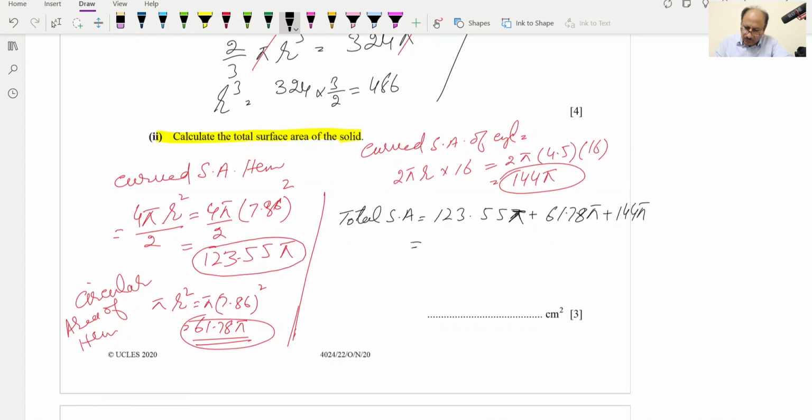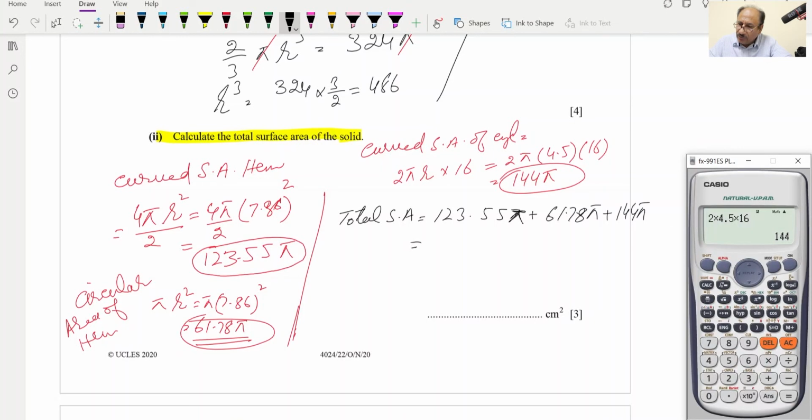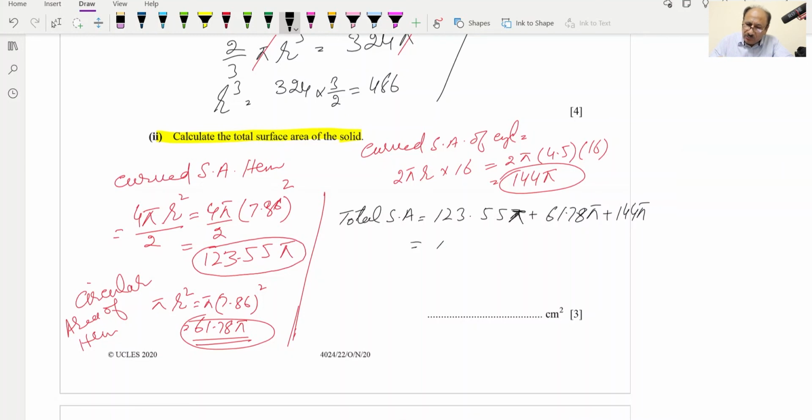We can add all these things: 144 plus 61.78 plus 123.55, and this is equal to 329.33, and we multiply this by pi, which is equal to 1034.6. The rounded answer we can provide is 1034, and this is a 3-mark question. Hopefully you understood this.